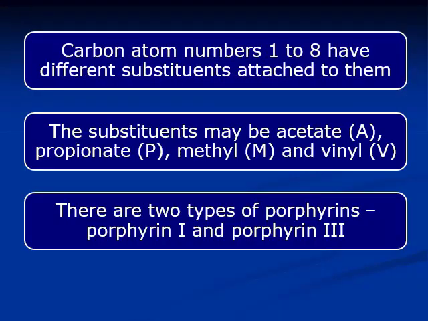Carbon atoms number 1 to 8 will have different substituents attached to them, and these substituents can be either acetate, propionate, methyl or vinyl. There are 2 types of porphyrins, porphyrin 1 and porphyrin 3. According to Fischer, the carbon atoms are attached to different substituents.